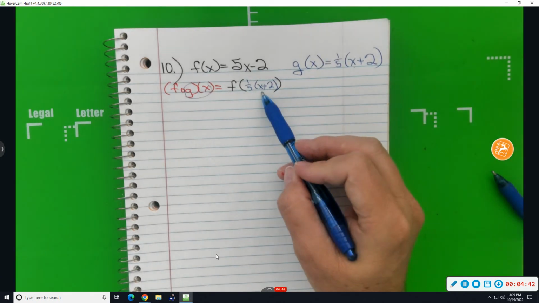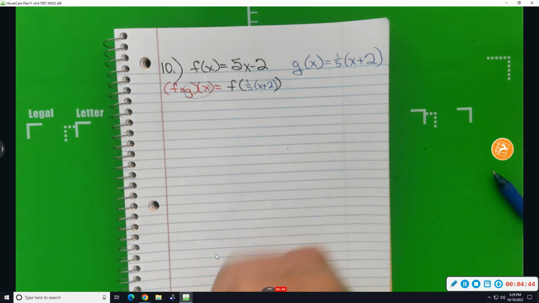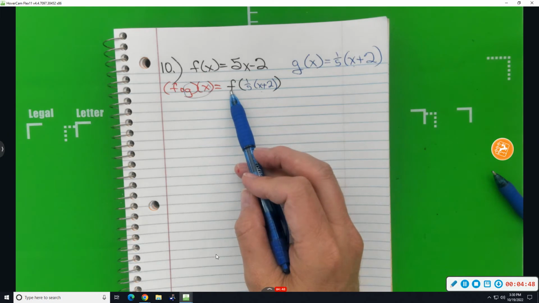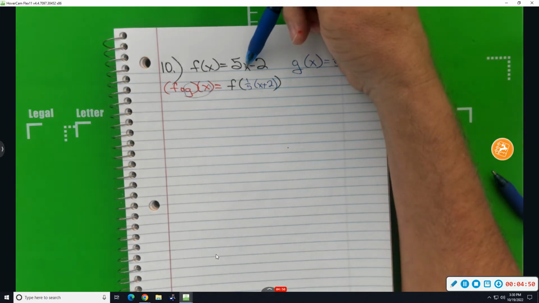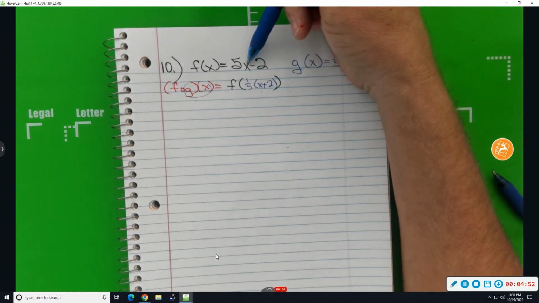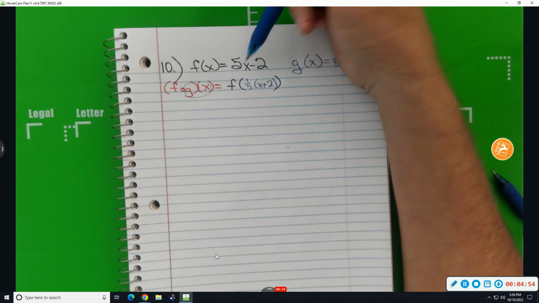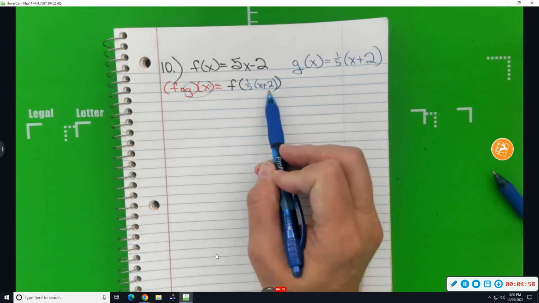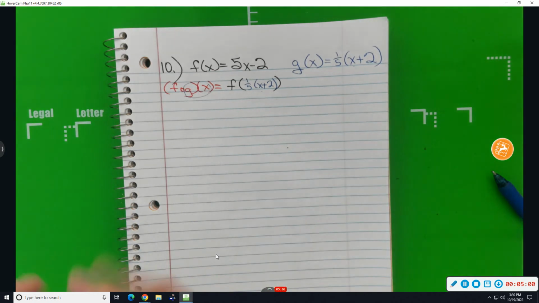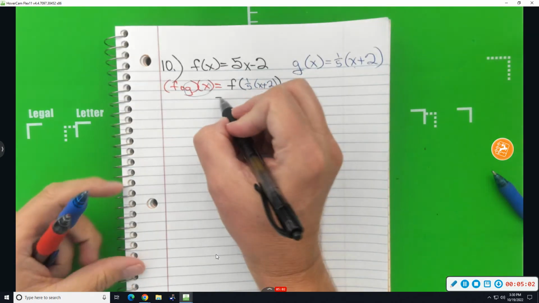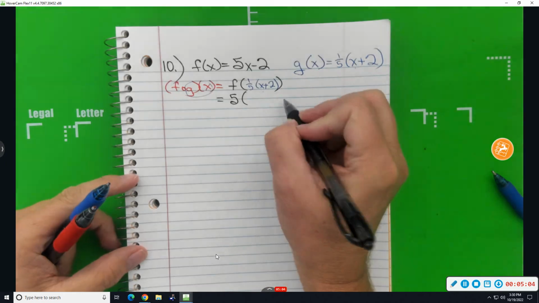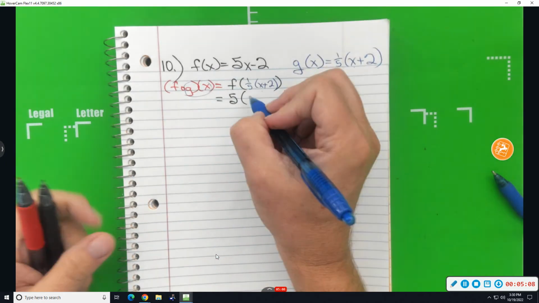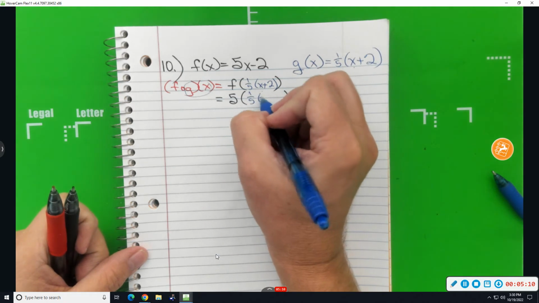This says go to your function f, and wherever you see a variable, in place of that black x that I'm pointing at right there, I'm going to replace that x with 1/5 times x plus 2. So that's a 5. Replace the x with 1/5 times x plus 2.